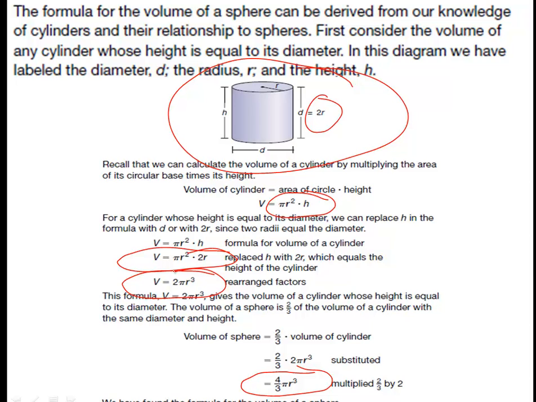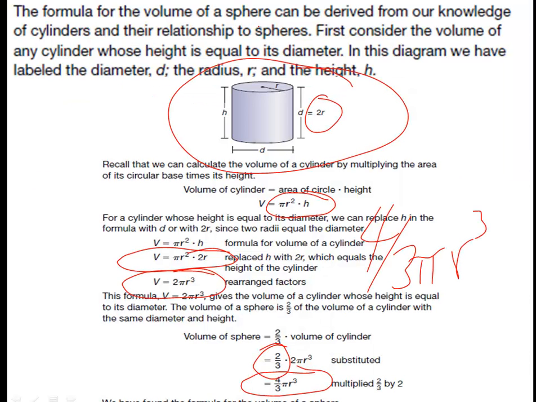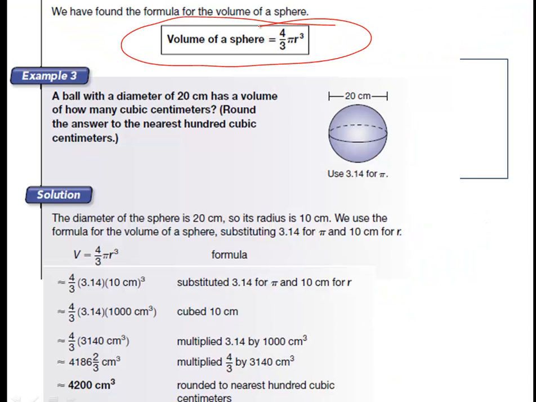When we multiply that by 2/3, we get our formula of 4/3 pi r cubed. I know that's pretty complicated. The most important thing is that you're going to have to memorize that formula, but this explains how they come up with it, for those of you who need to know how they figure the volume of a sphere. But this is the actual formula: 4/3 pi r cubed.